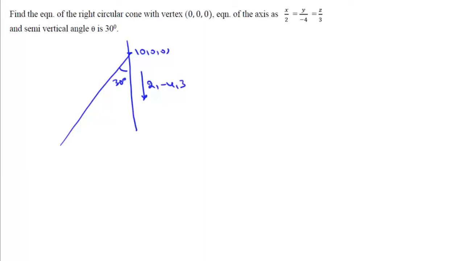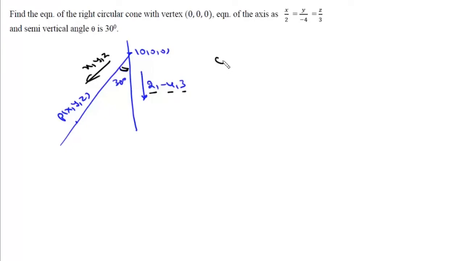Now let us choose any point, say P(X, Y, Z), on the surface of this cone. The direction ratios of this line are X, Y and Z, and the direction ratios of the axis are 2, minus 4 and 3, and the angle between them is 30 degrees.